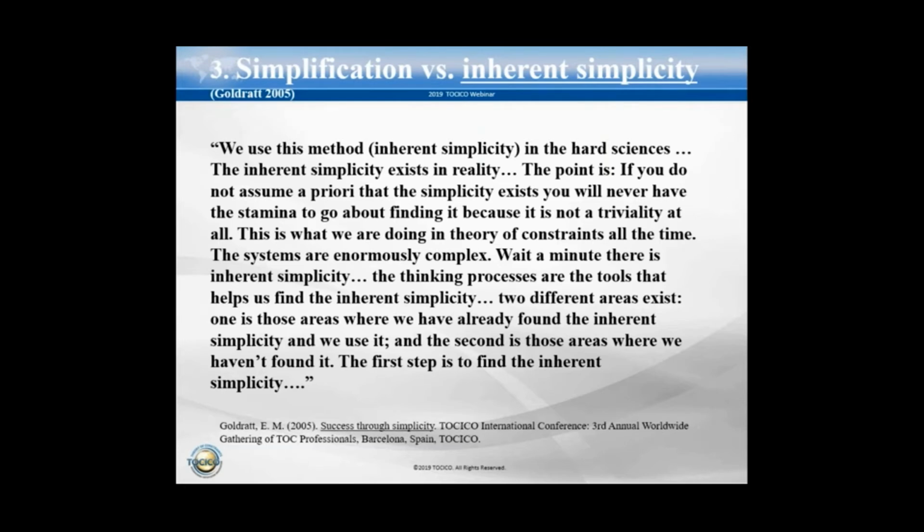We can take their solution, use TOC, theory of constraints thinking processes, to check their assumptions about the environment and about the use of their solution, and see whether their solution fits our environment. Or the second approach is in those areas where we haven't found the inherent simplicity. In other words, perform the thinking process analysis for that area. The first step is to find the cause and effect relationships that exist in that environment.